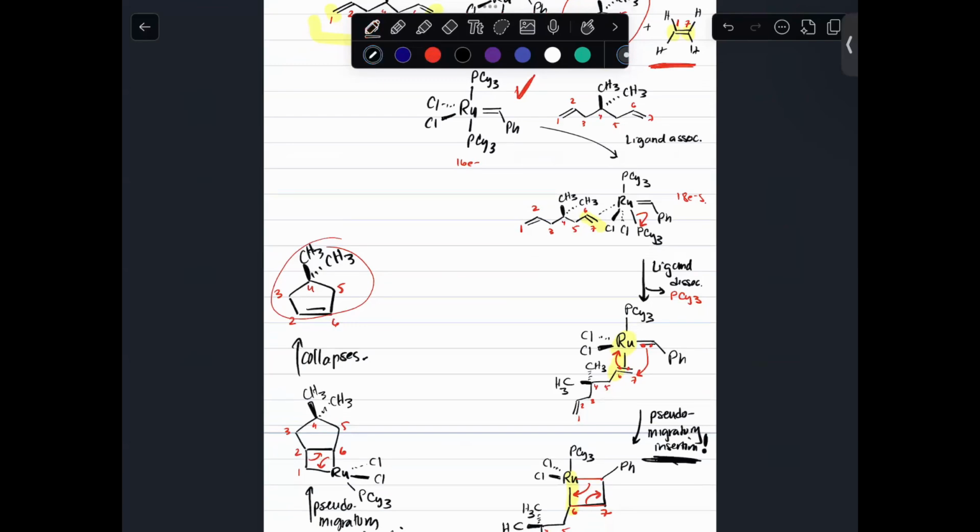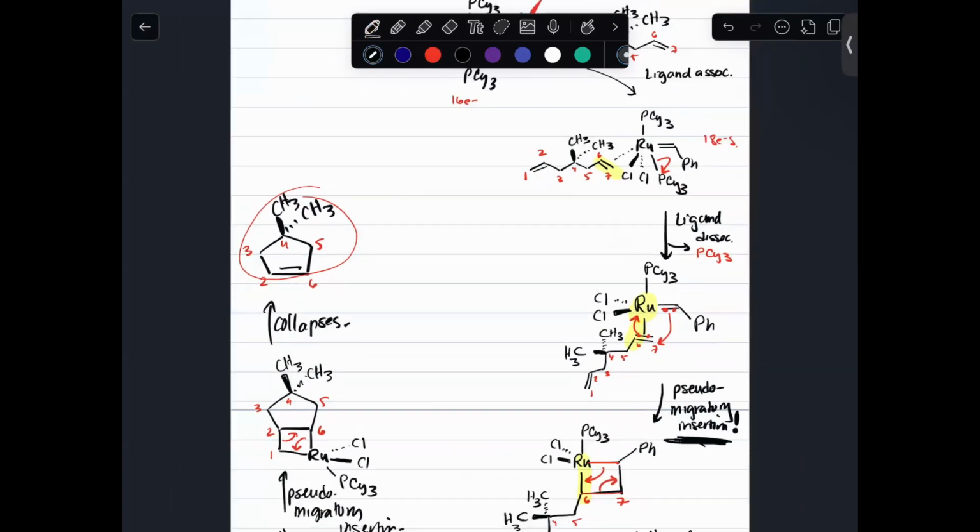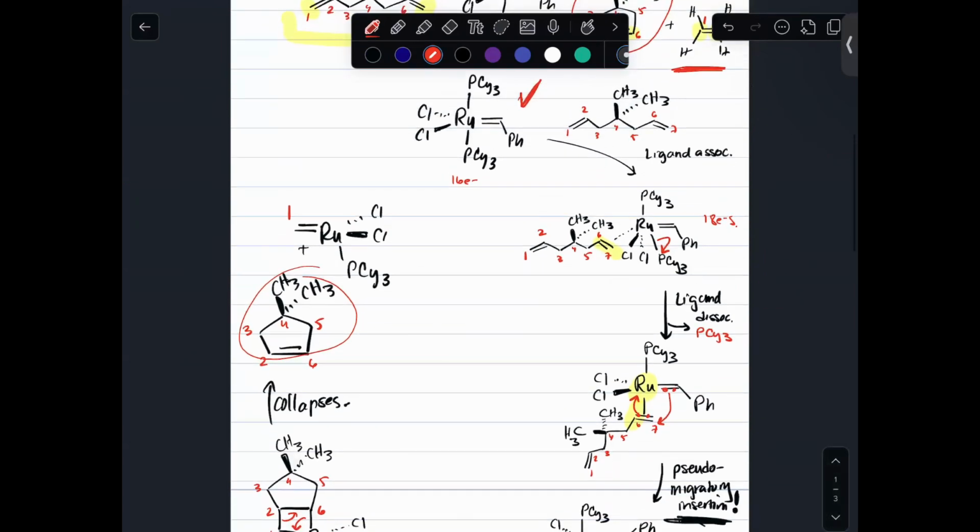All I've got from that collapse, if you notice, is my ruthenium with my 2 chlorines, my phosphorus, and my carbon 1 alkene. That's not my catalyst. I need to figure out how to get from here to my catalyst.